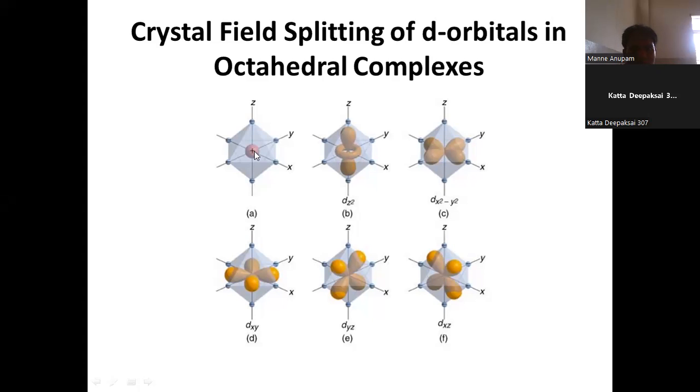So this is nothing but octahedral complex, central metal ion. Ligands are approaching the central metal ion in the form of octahedral.